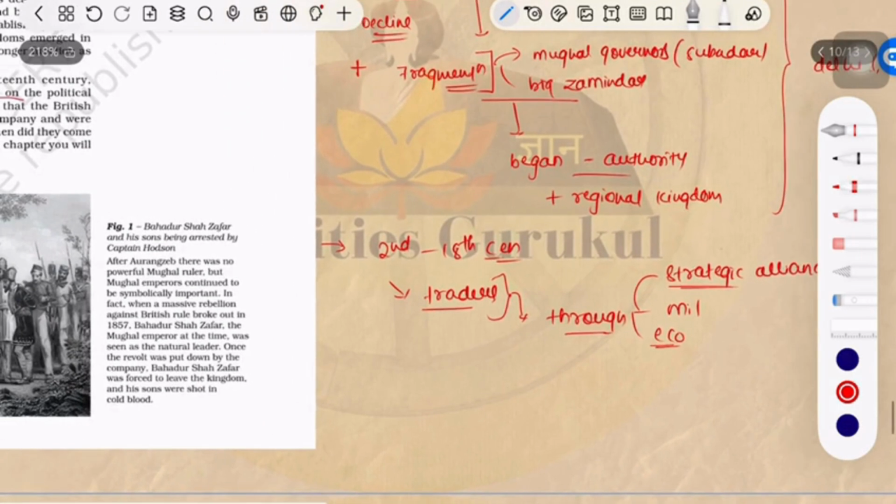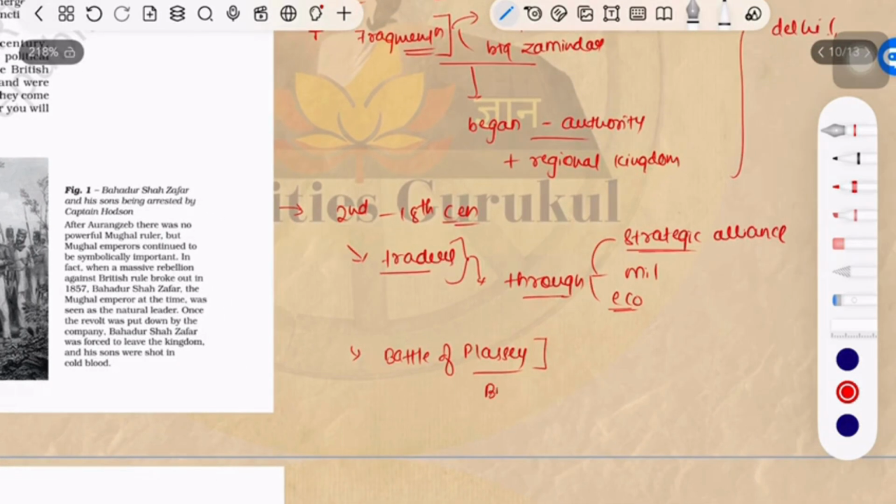And in this they fought two famous battles, Plassey, which is considered the first direct battle between Indians and the British, and then Buxar, with which they got the Diwani right.